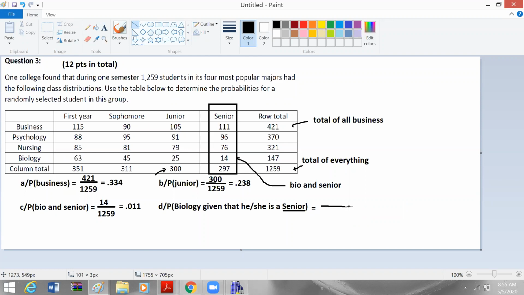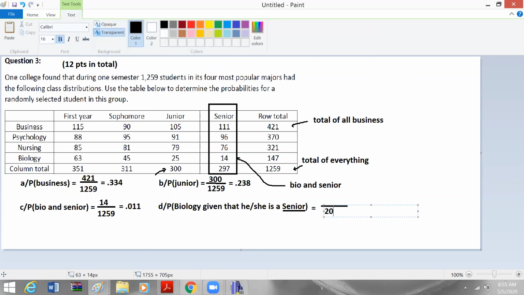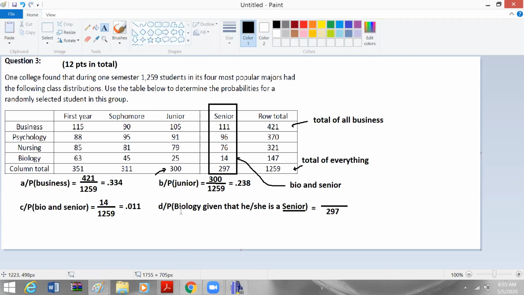Remember that we need to divide by the given, so the given in this case is 297. And on top of this, we're going to take a look at the biology, so we go from here, right? So you're going to get 14 over 297.